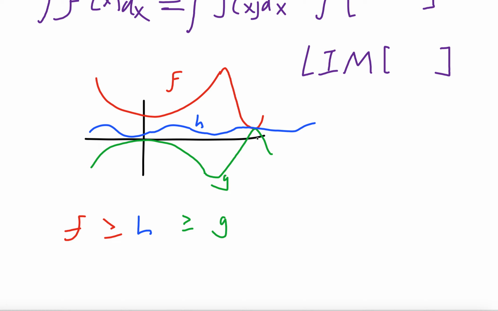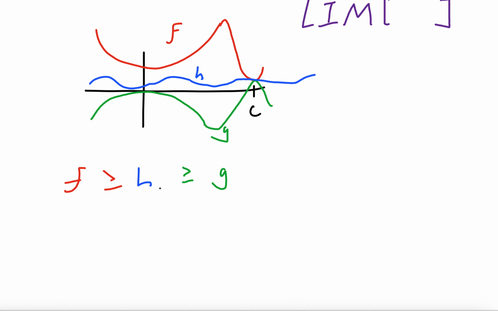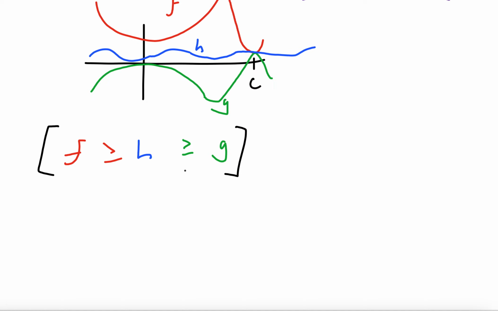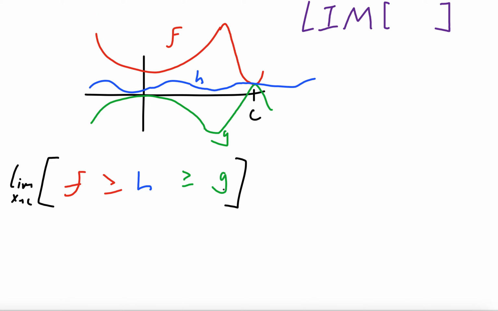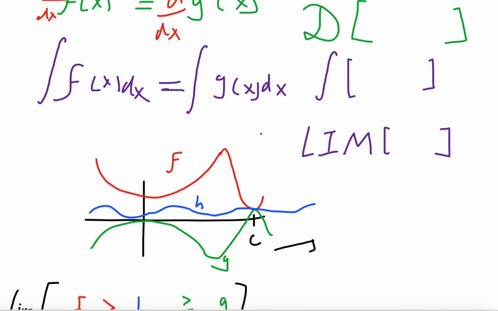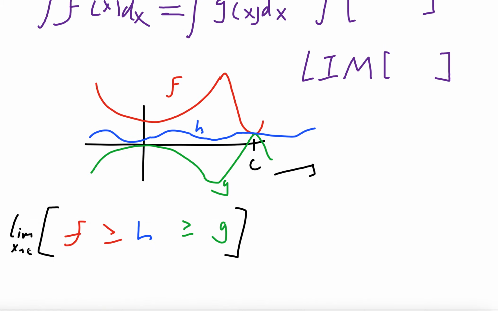And at this point here, which we can call c, the limit as x approaches c will be equal, and we can see that with the squeezing here. So in a way, we can apply the limit as x goes to c to all sides of the equation to verify this. And this can also go to infinity and everything else. So in fact, the limit is an operator when they approach the same value.